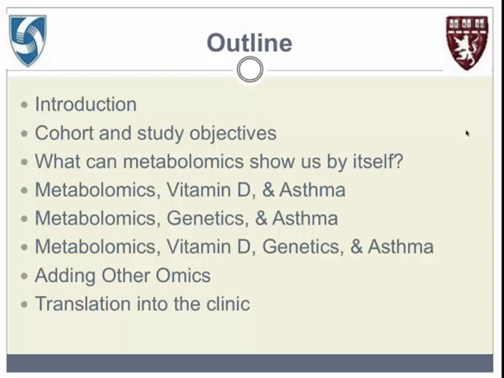So you can think of it that way if you're interested in other particular diseases. We're then going to add on other evidence from other omics that we have when we actually look at this particular pathway, and what can the other omics that may be available tell us about pathways that we've already identified via metabolomics and genetics.